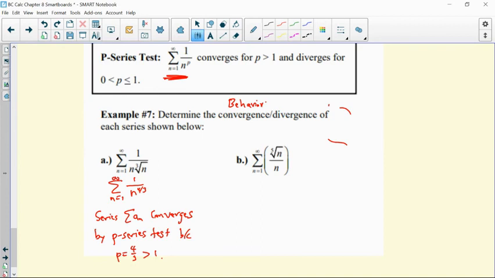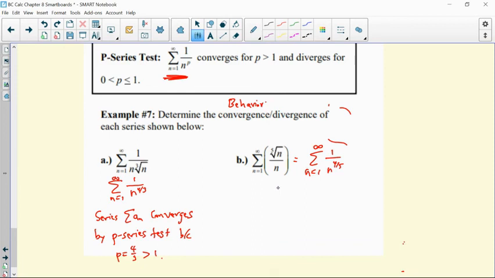It's 4/3. Okay. So here we can rewrite this since this is the 1/5 power and this is just the first power. If I rewrite that as a single power, the sum from n equals 1 to infinity of 1 over n to the 4/5 power, like that. So now I can use the p-series test to tell it diverges.